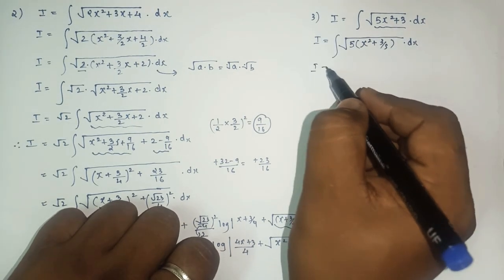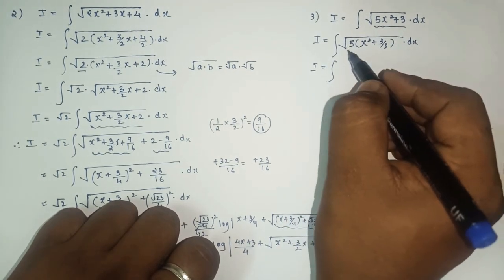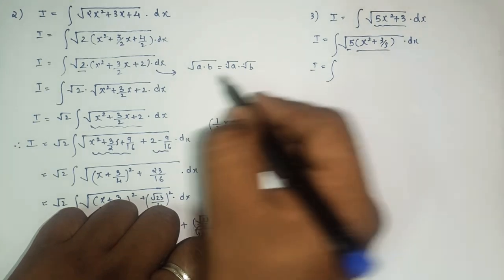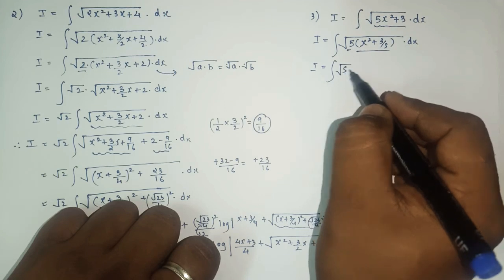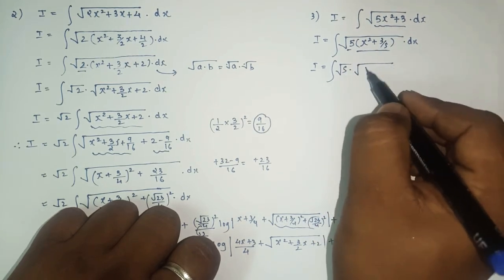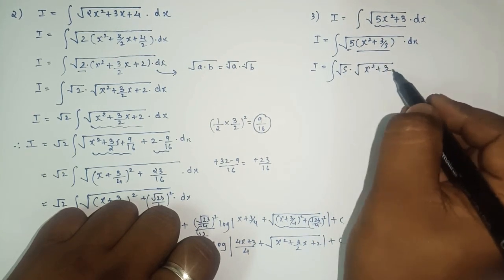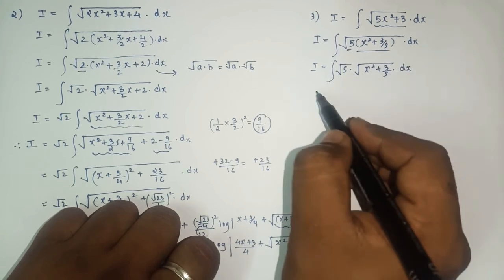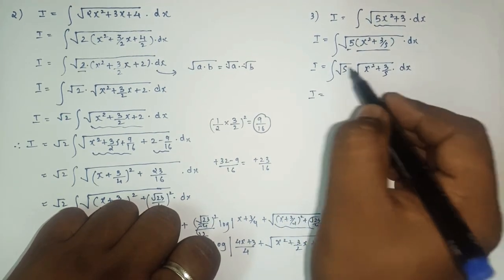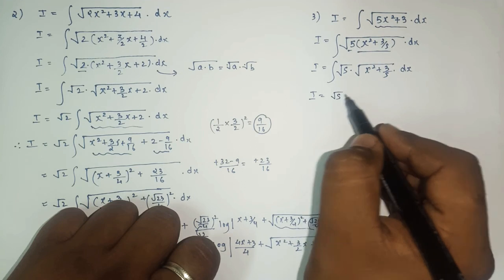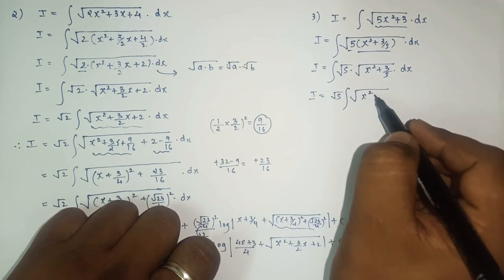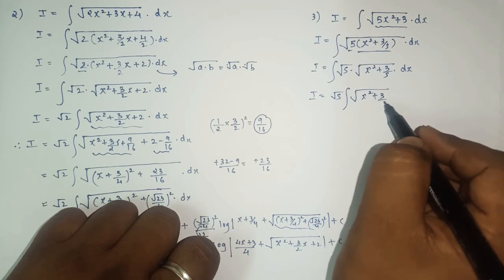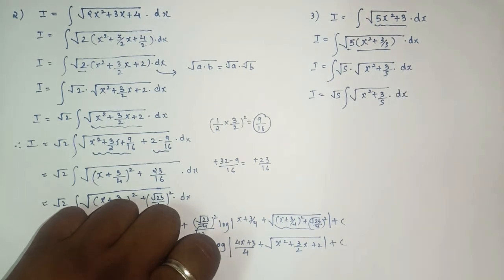So the next step, this part we will consider as a and this part as b, like here we did. Okay, so this section we can write as root 5 into root x square plus 3 upon 5 into dx. Further, root 5 is constant, so we can bring it outside the integral, so root 5, this we can write as the integral of root x square plus 3 upon 5 into dx.